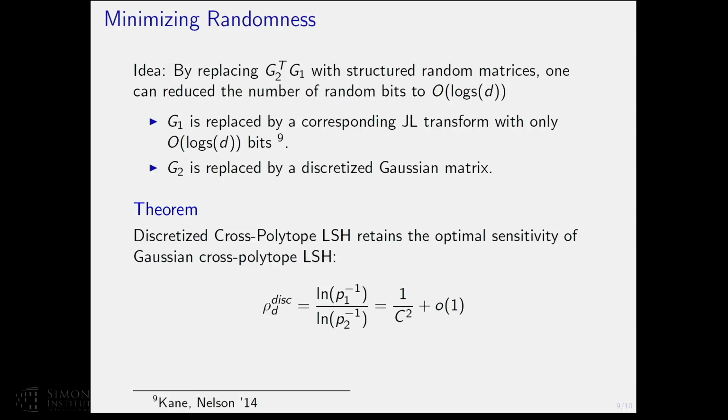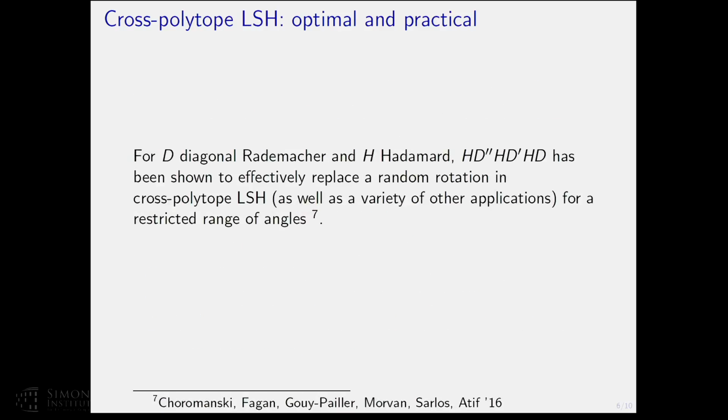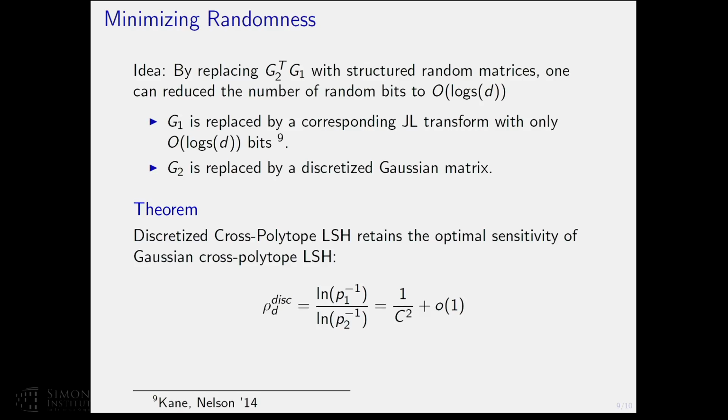We tried to minimize the amount of randomness. If you go back to this scheme, it has order d bits of randomness from each of the diagonal Rademacher matrices. We were interested if we could lower this even further to order log^s d. And in fact, you can. The key technical result we use is this JL transform by Kane and Nelson that only uses order log^s d bits.